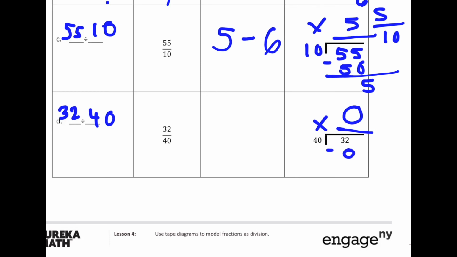Okay, and remember, when we're working inside the box, we're dealing with subtraction. 32 minus 0 is 32. So let's deal with our fraction. What is our remainder? Our remainder is the 32 over 40. Okay?